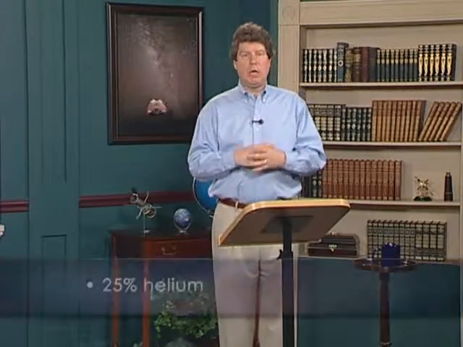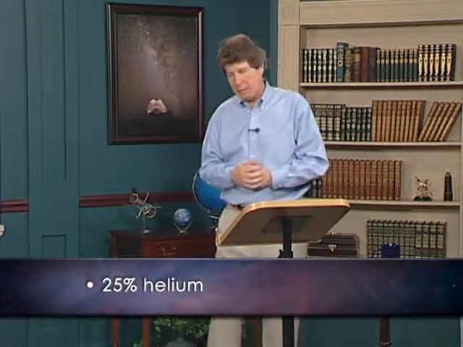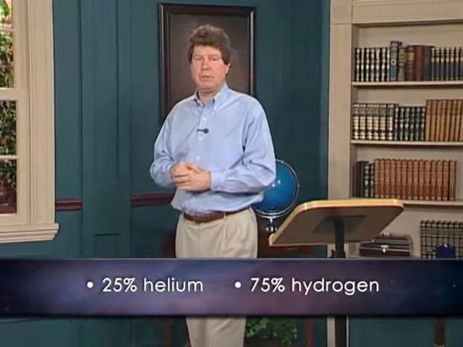Now, when you do the calculations properly, it predicts a final product of 25% helium and 75% hydrogen. And amazingly, wherever you look in the universe, that is basically the composition you find. 25% helium and 75% hydrogen. This is a fabulous confirmation of our understanding of the 3-minute-old universe.